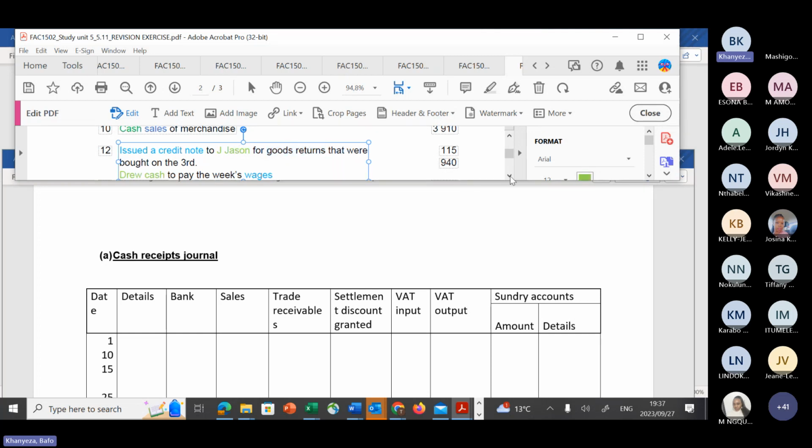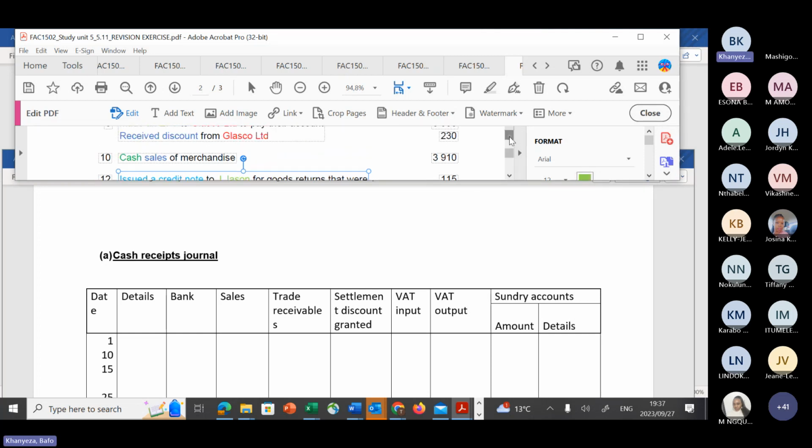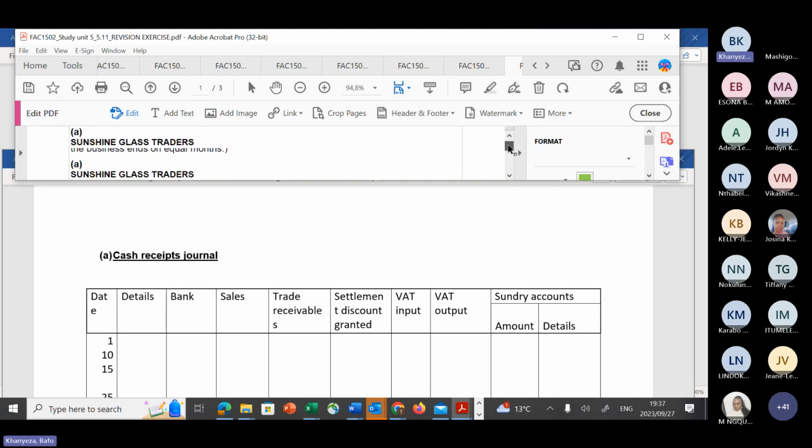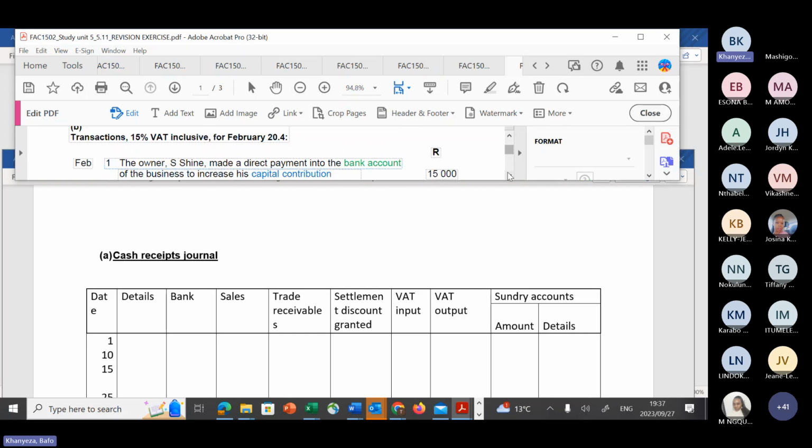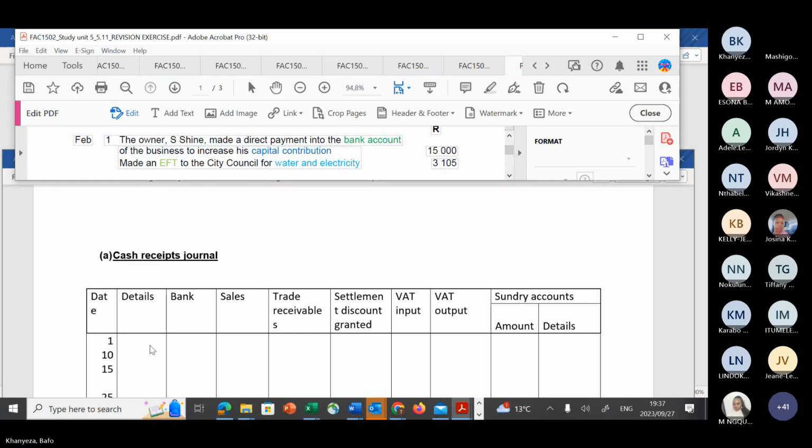So let's start with the analysis of transactions. This is exercise 5.11. So that you can follow, I'll show only what we are dealing with. February 1, the owner, Shine, made a direct payment into the bank account.